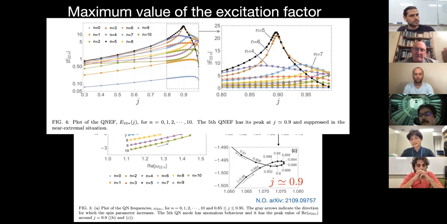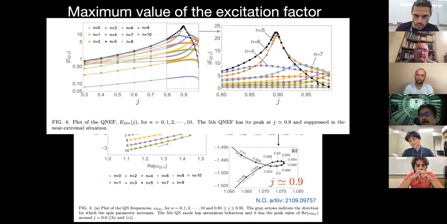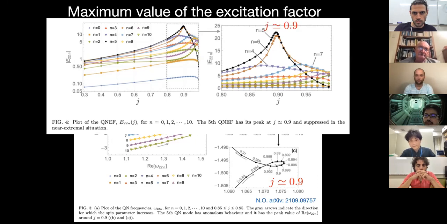But also, I don't know why this is interesting in the context of astrophysics, but approaching the extremal limit, the opposite situation comes. So the fifth overtone is strongly suppressed at the extremal limit.